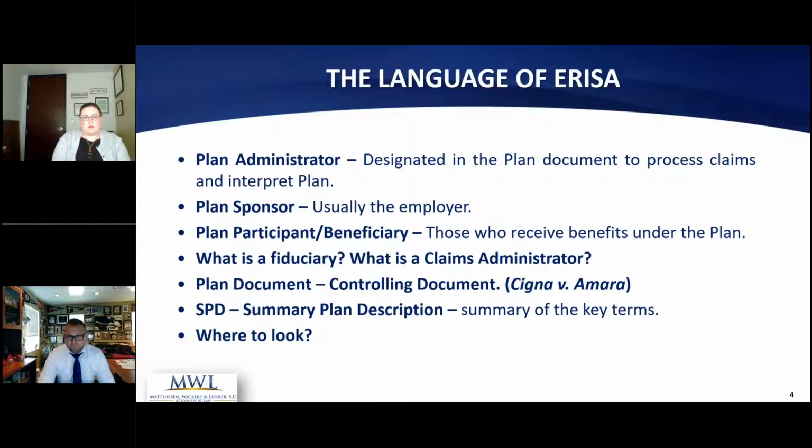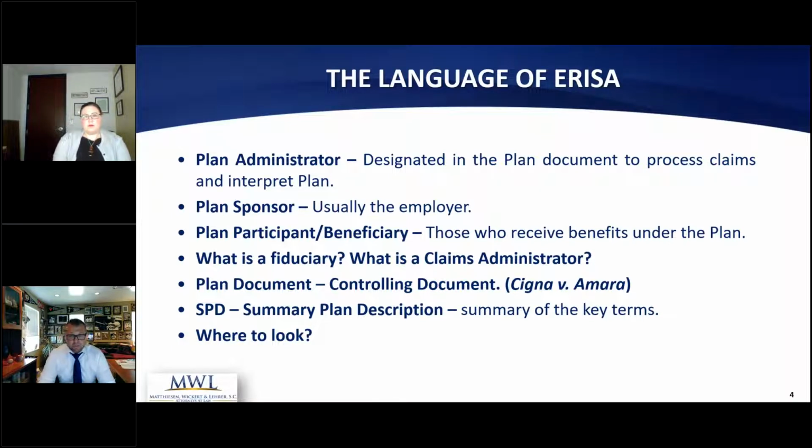Essentially, they're turning over what they hope to believe are just these ministerial duties of processing claims, determining whether they're covered under the express terms of the plan, and then paying them based on whatever the plan document says or whatever the PPO contracts specify.